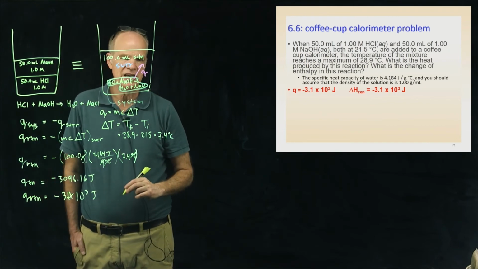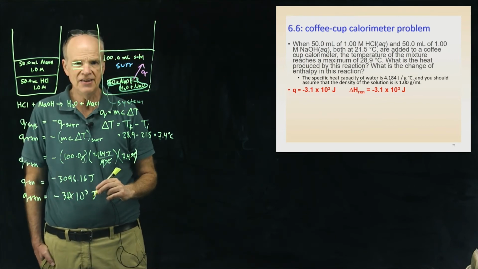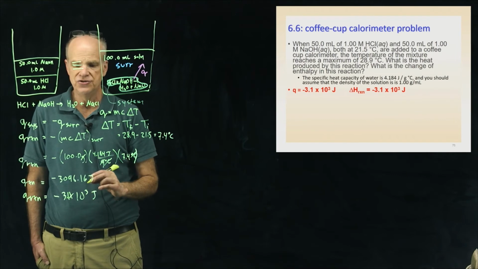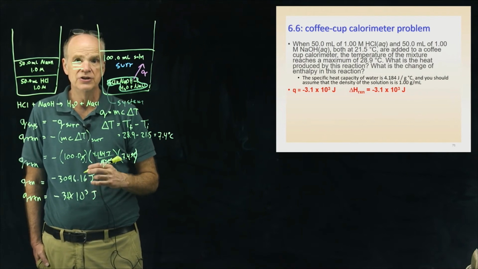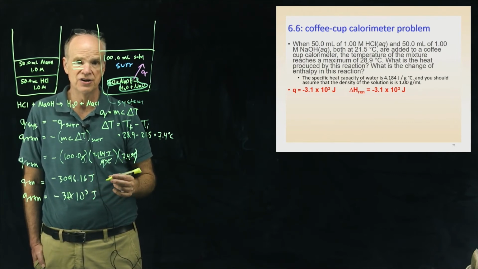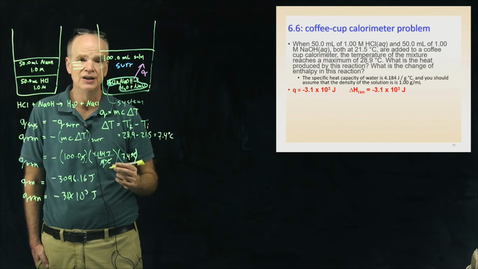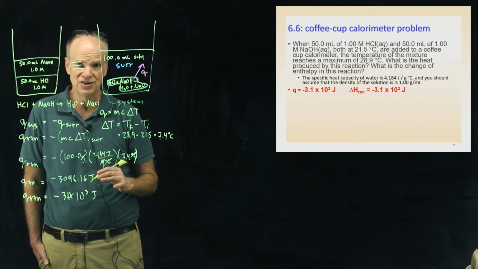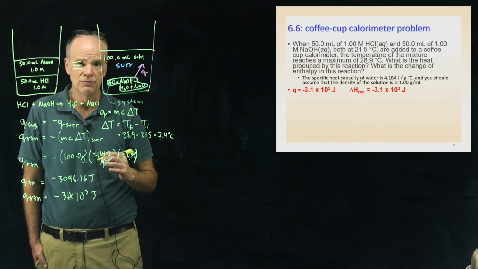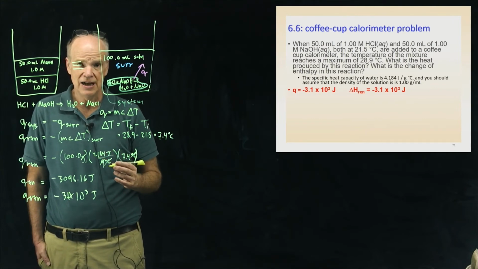Now, what is the enthalpy change of the reaction? Well, the enthalpy change of the reaction is just going to be equal to the heat at constant pressure. And as I described earlier, if you have a chemical reaction that is occurring at constant pressure, that heat of reaction will be the heat at constant pressure.